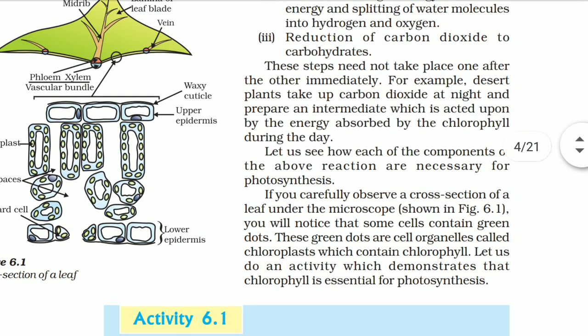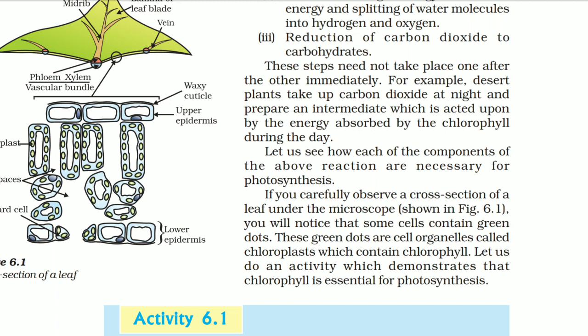These steps need not take place one after the other immediately. For example, desert plants take up carbon dioxide at night and prepare an intermediate which is acted upon by the energy absorbed by the chlorophyll during the day. So it's not necessary that everything takes place at the same time. It could be at some other time as well.